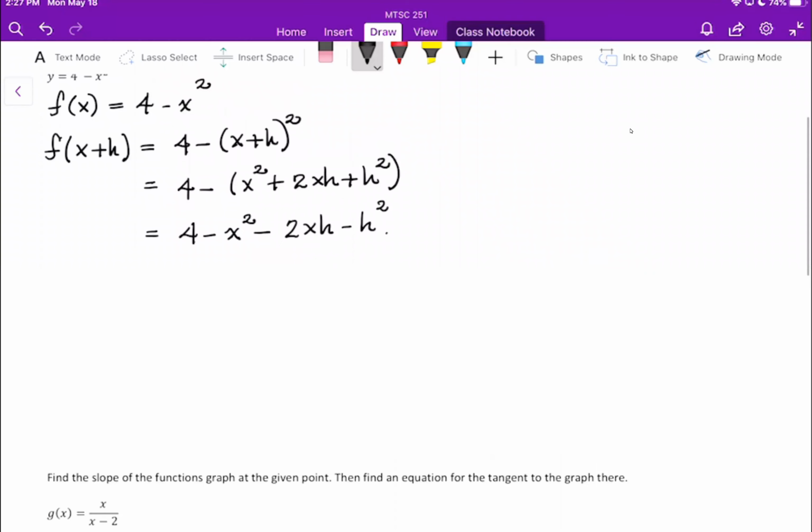So therefore, we now get that the slope that we're looking for, m, is the limit as h approaches 0 of f of x plus h minus f of x all over h.